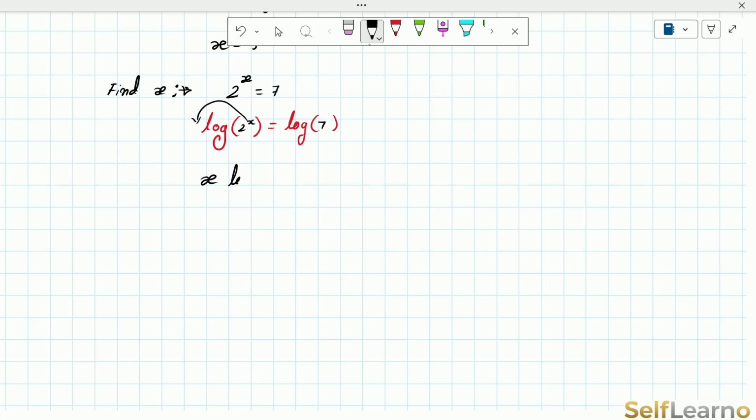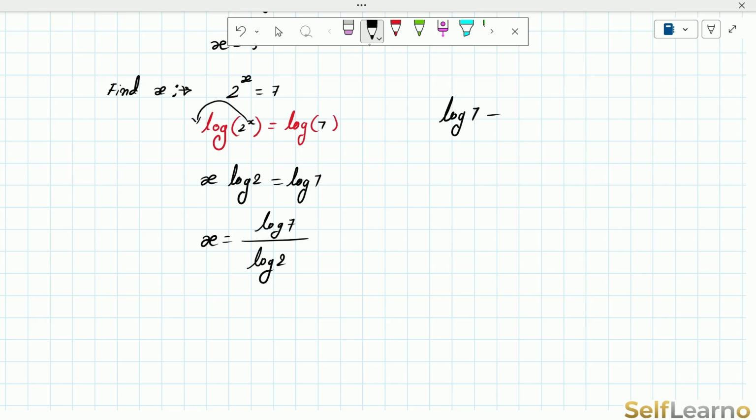So x log 2 is equal to log 7. I can send this log 2 to the denominator on the opposite side, and here it is log 7. You can insert this in your calculator. My dear students, if you are confused, then let me tell you.